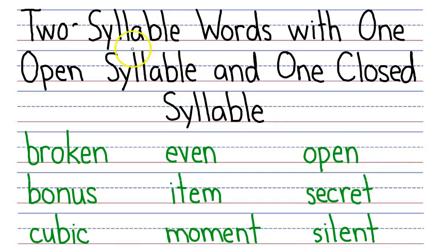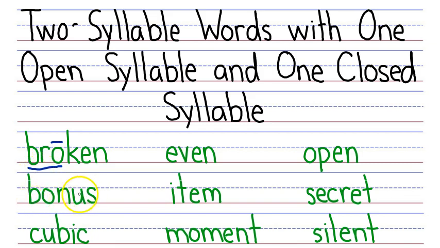Now let's look for the open syllables in these two-syllable words. In broken, the first syllable, bro, is the open syllable in the word because it ends with a single vowel letter that makes a long vowel sound, a long O sound.